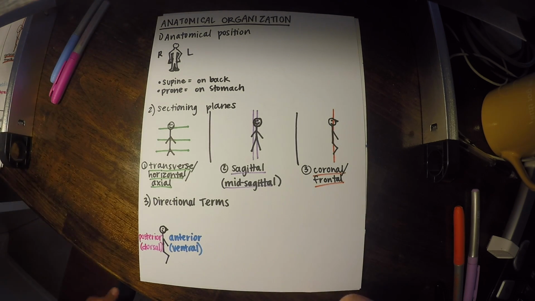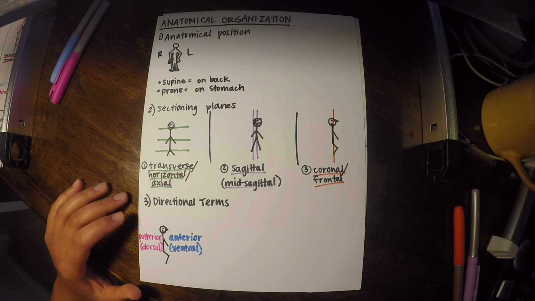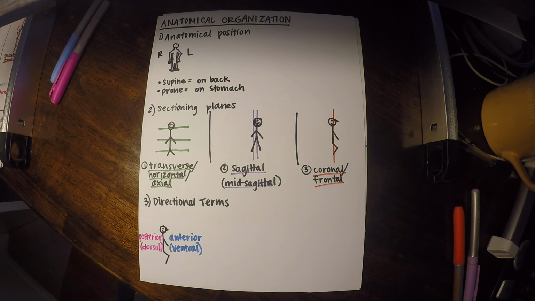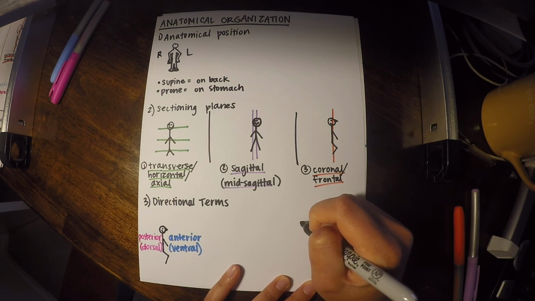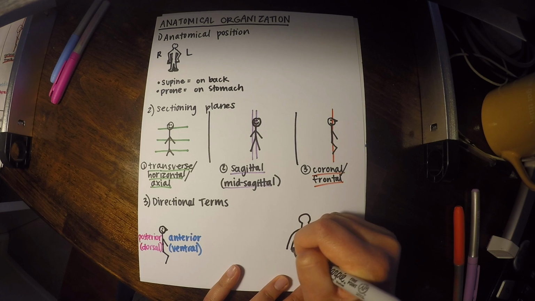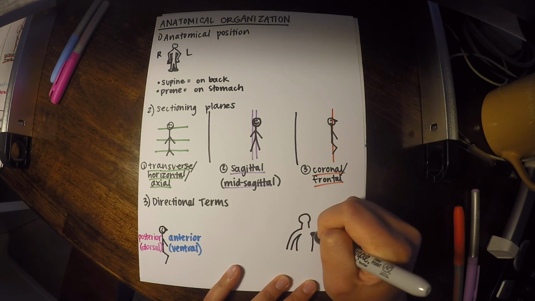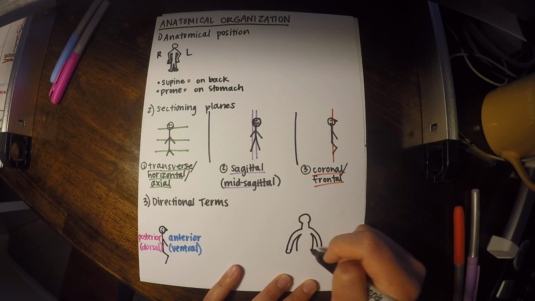Okay, now we're going to talk about a few more of these directional terms. I'm going to draw another person here. You'll be able to tell that my drawings are very mediocre at times, so hang in there with me.